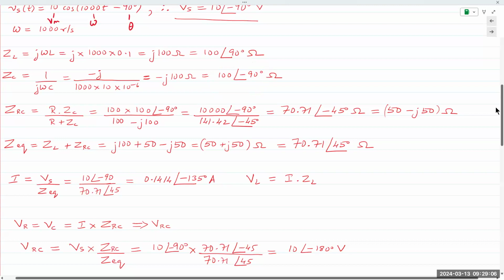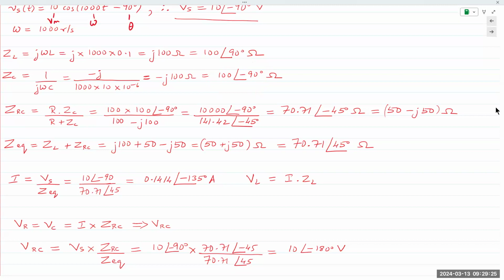So again, recapping the steps, we are representing all of the components by their complex equivalent counterparts. The components R, L, C are represented by complex impedances. The source is represented as a phasor. All of them are vector quantities. They have magnitude, and then they have phase angles.